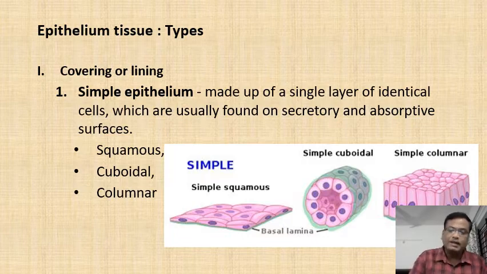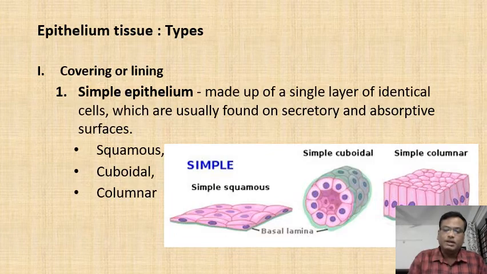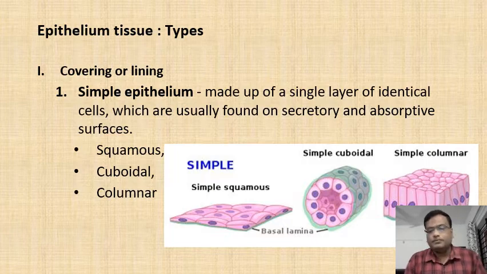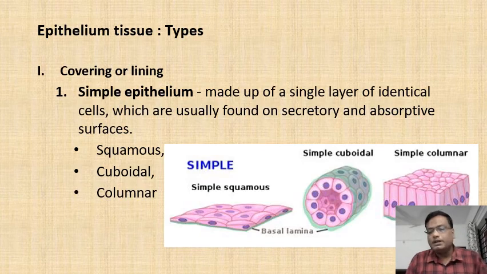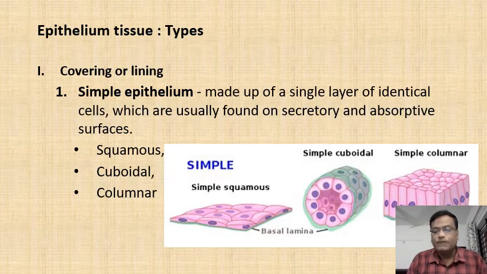Of course, glands are different kinds of tissues, but here we are classifying based on the shape. So some glands with a single layer of cuboidal cells secrete, and columnar cells are normally found in absorptive surfaces. For example, the innermost layer of the intestine is made up of columnar epithelium.